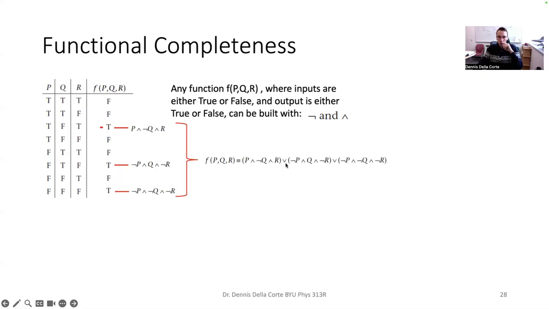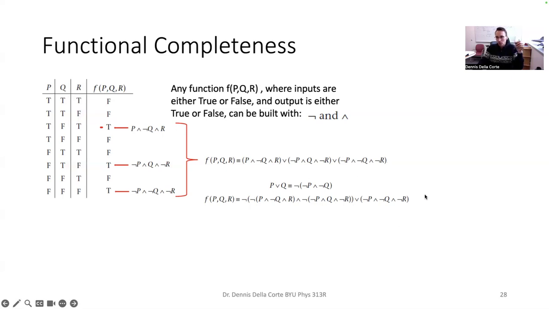And we have seen before that an or can be replaced with a very complicated and not combination. So you can rewrite all of these ors again into and statements, and then you get this really beautiful thing down here, right? You might not agree that that's beautiful, but logically speaking, it's kind of nice that any truth table that you build, you will be able to find a function that just uses ands and nots and these three statements, however many inputs you have, to define that function.